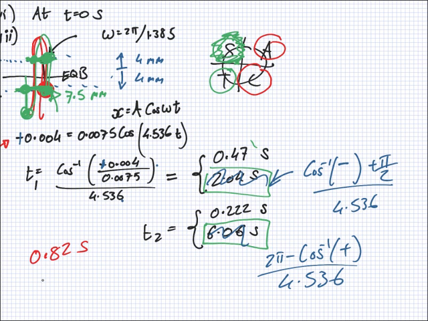It's possible you typed it in wrong? Got 1.16. That makes me happier. 1.163 seconds. And then just finally subtract these two to get the answer at the end. 0.34 seconds.